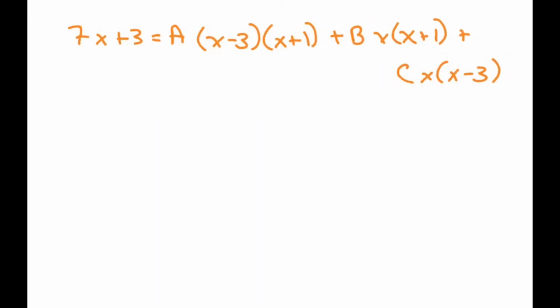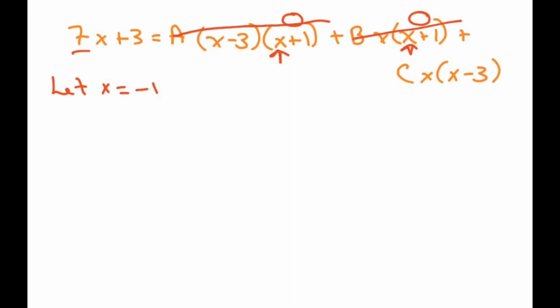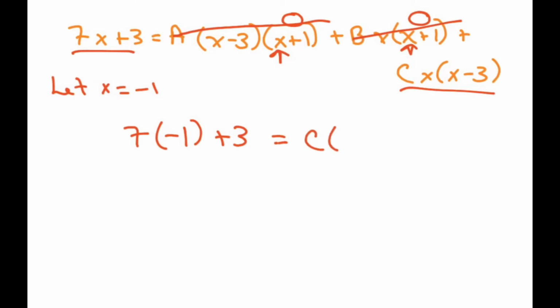And for the last one, I'm going to let x equal negative 1. If I put a negative 1 here and a negative 1 here, that's going to zero that out, which zeroes this whole thing out. So I'm only going to deal with my C and find my C. So we have 7 times negative 1 plus 3 equals C times negative 1 times negative 1 minus 3.